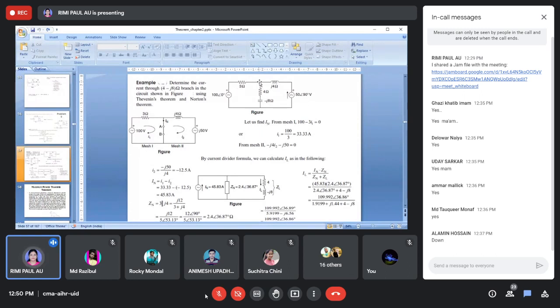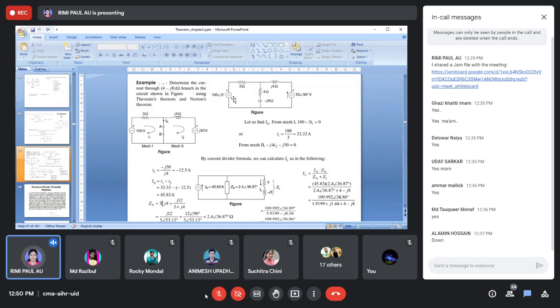If I take a node here, it is not required because of the short circuited path. So current is flowing through this branch, the whole current will flow through this branch. So I1 you can find out easily, 100 by 3, and here 50 angle 90 by J4, right? 50 angle 90 by J4, because it's a short circuited path.